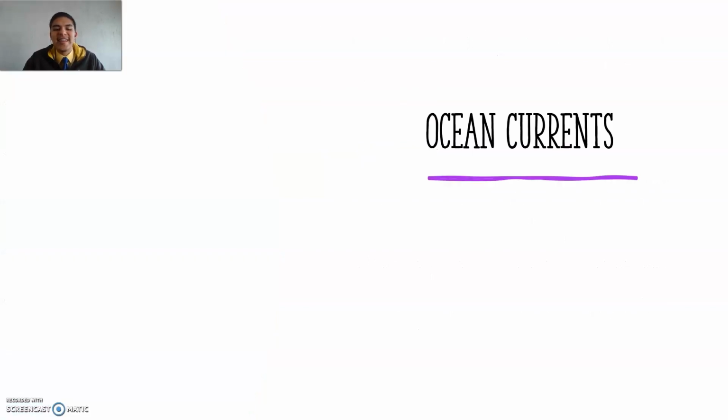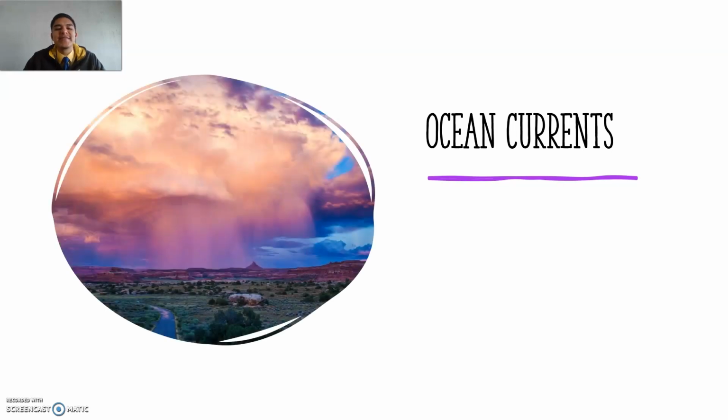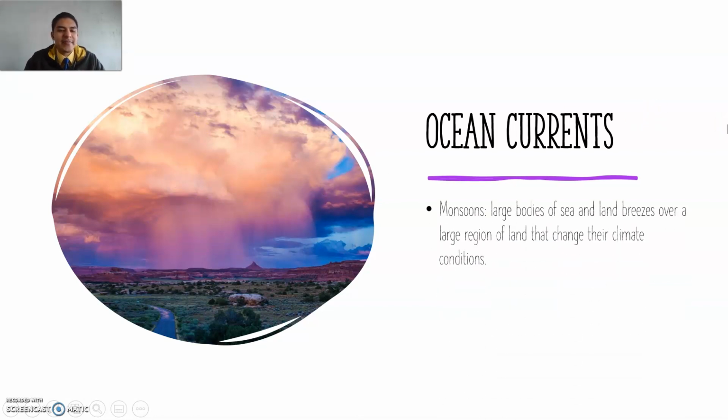All right, now we move to the next part, which is ocean currents. And ocean currents are very interesting. I'm pretty sure that sometimes you have seen a very big cloud, like the one that you can see right here, which is causing a lot of rain. But why does that happen? We have something called monsoons.